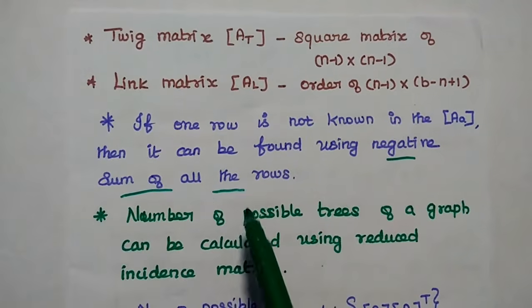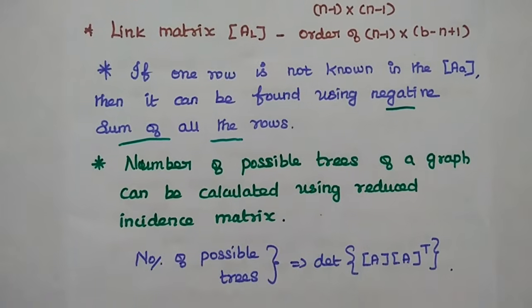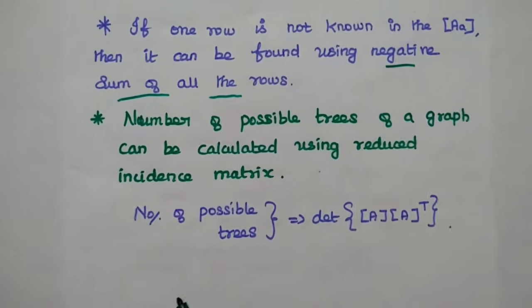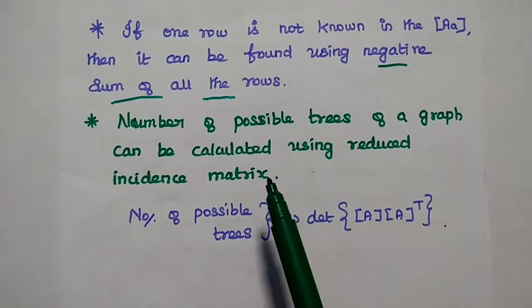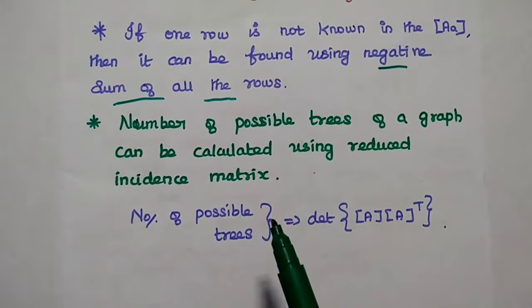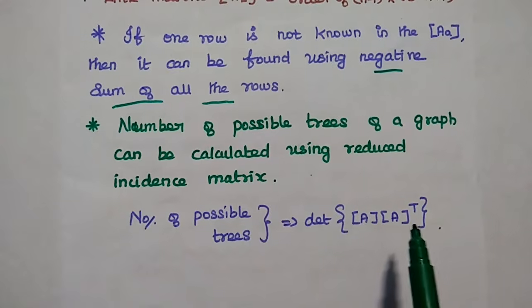It is very, very important because we are going to use this concept in problems. Finally, the number of possible trees of an oriented graph can be calculated using this reduced incidence matrix by using the formula determinant of A into A transpose.